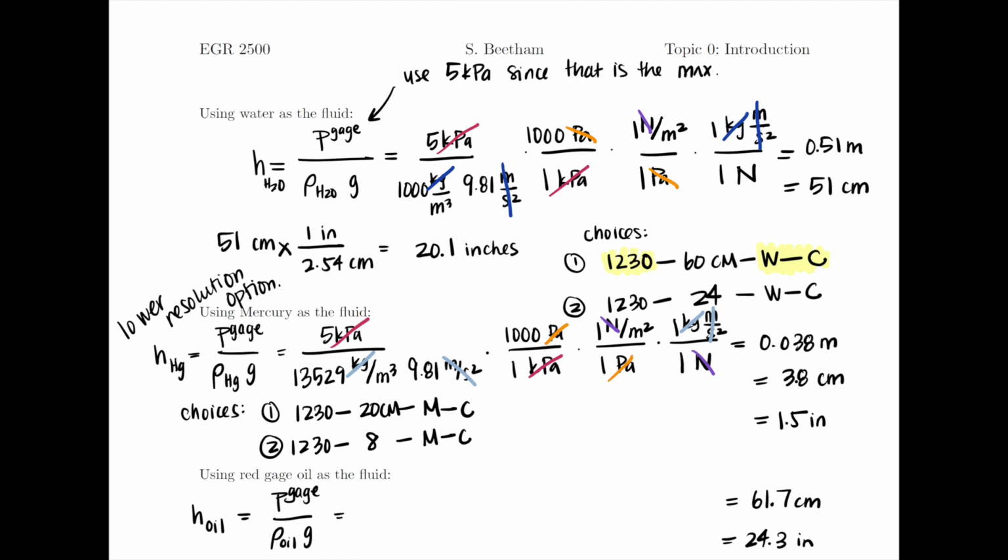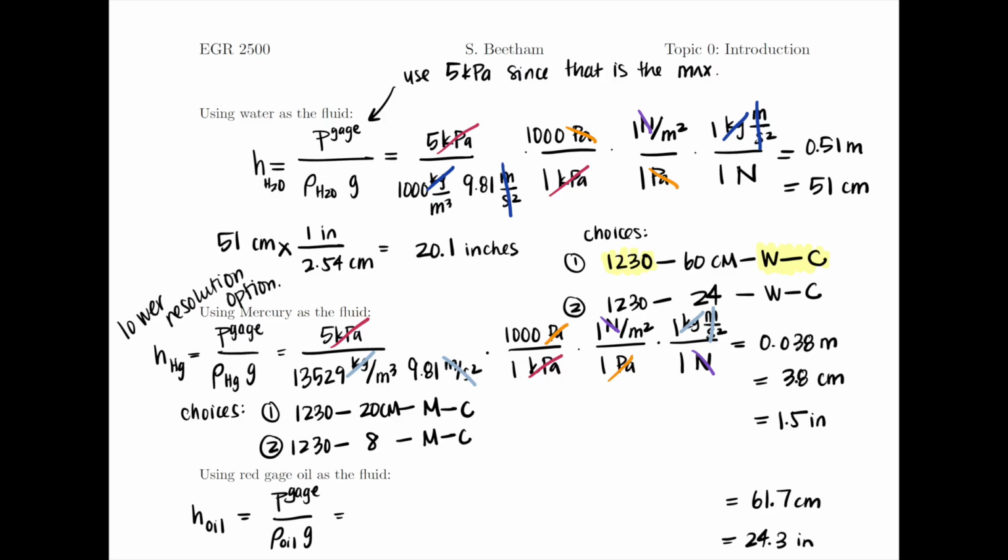And then we know that 1 Newton is 1 kilogram times meters per second squared, so I can cancel out the newtons here. Looking at the other leftover units, we have a kilogram in the numerator and denominator, and a meter per second squared in the numerator and denominator. What we have left is 1 over meter squared divided by 1 over meters cubed, which just gives us meters on the top.